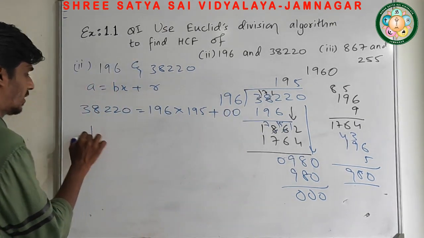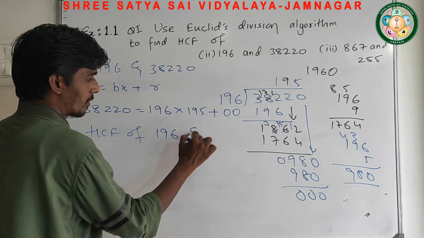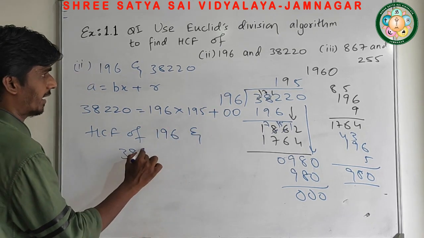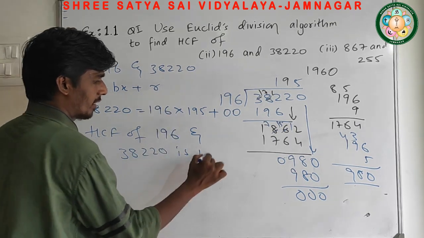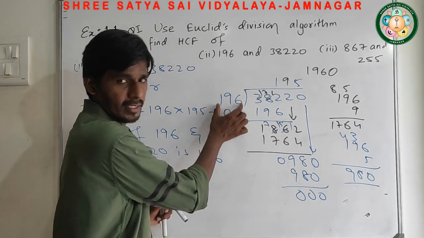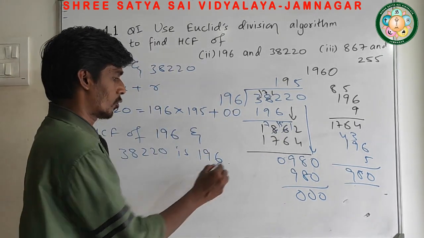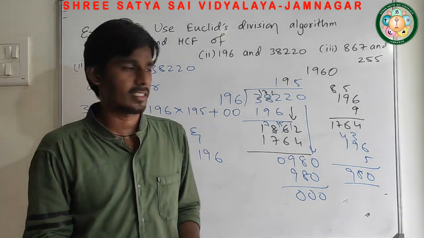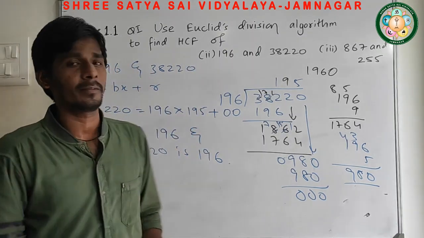So the HCF of 196 and 38220 is 196, because this is the first and last divisor. जो last divisor होगा, that will be the HCF. So here we can say 196 is the HCF of both the numbers. So this is the way we can do this question.